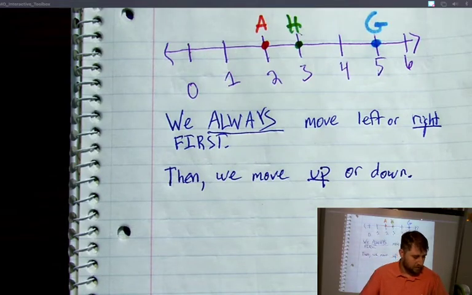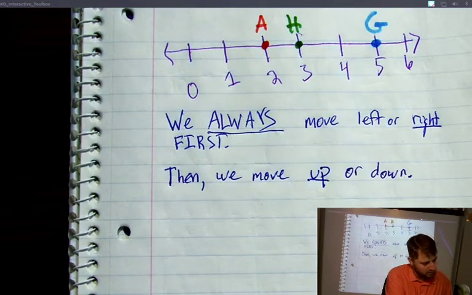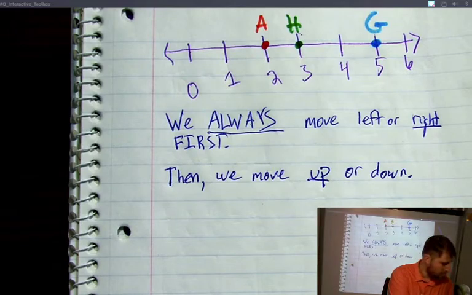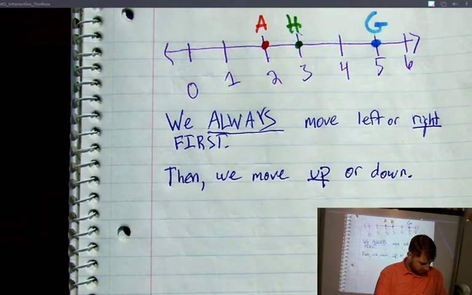Well, we're going to go through a couple of points here. And they're going to look strange because they are up and down, and left and right. So I'm about to show you what is called a coordinate plane.